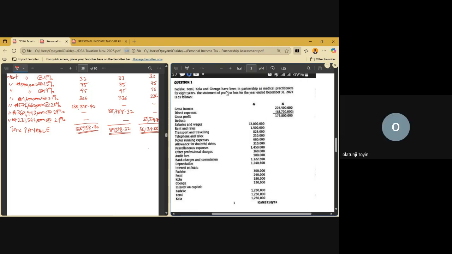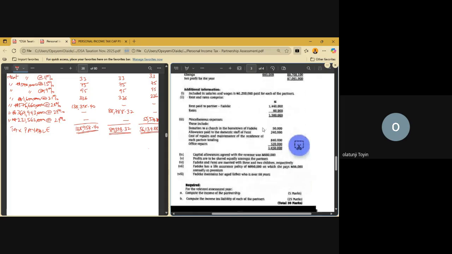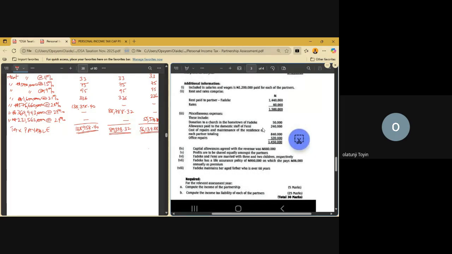Fadike, Femi, Kola and Benga have been in partnership as medical practitioners for 8 years. The statement of profit or loss for the year ended 31st December 2021 is as follows. Additional information: included in salaries and wages is 1.2 million for each of the partners.